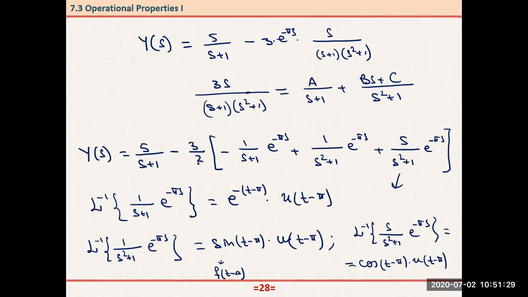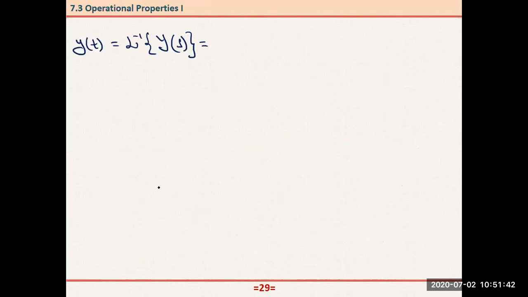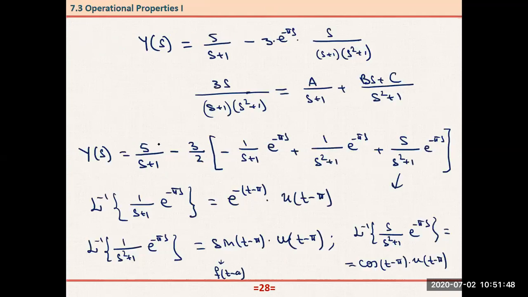The first one is minus 3 over 2 sine. And the next one also has u, e to the power, sine and cosine. Okay. Then what we have here, the first thing is 5 times e to the power minus t. That is our first term, right?